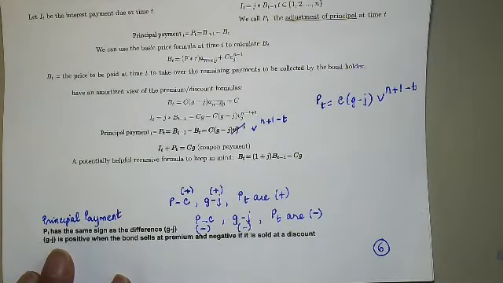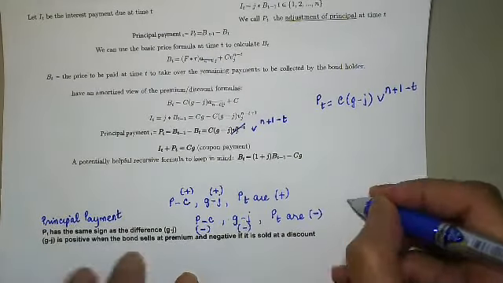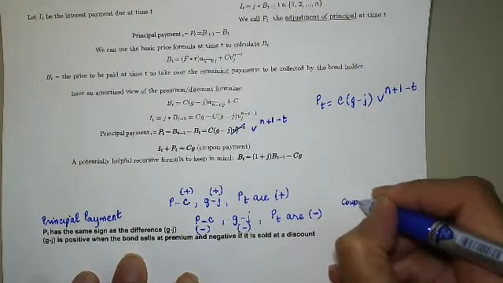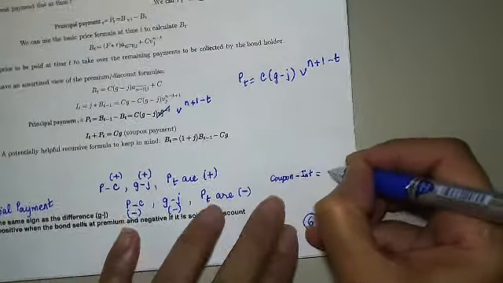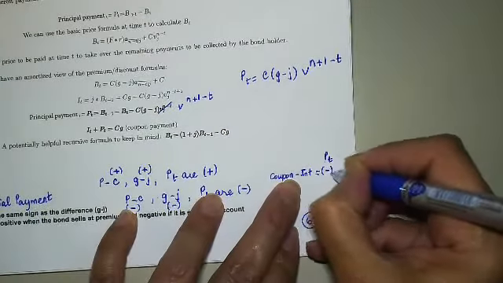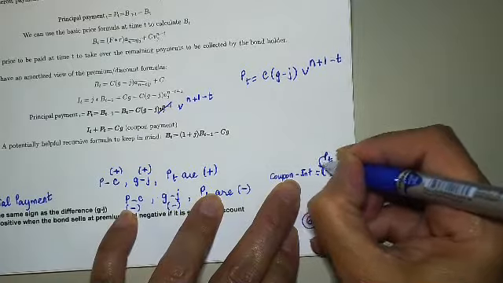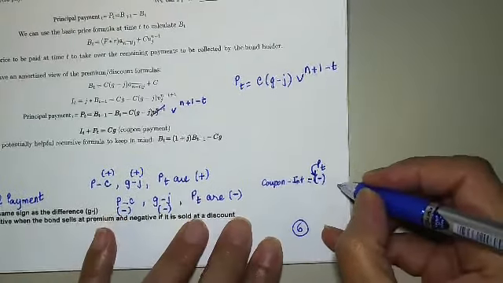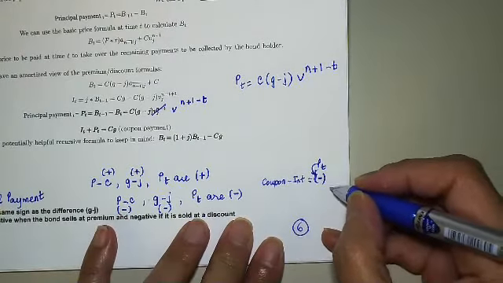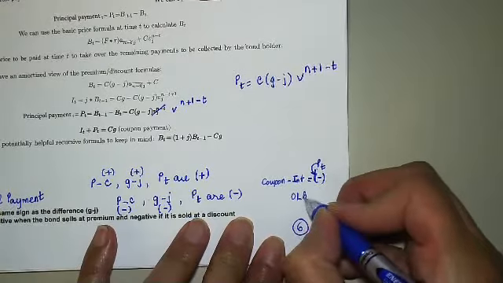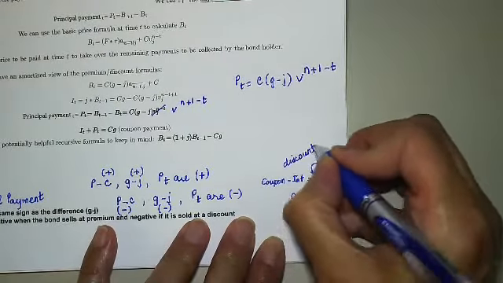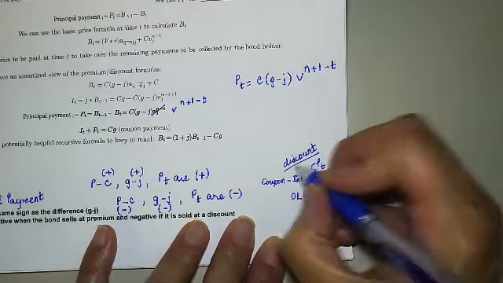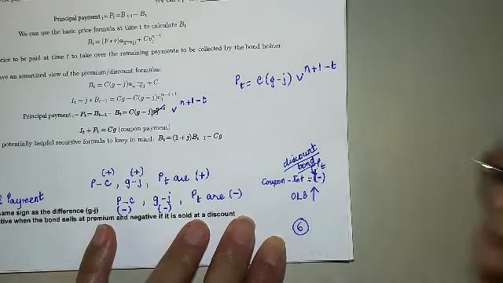Imagine your principal payment is negative. That means that the coupon doesn't even cover the interest in the amortization schedule. Because the coupon doesn't even cover the interest, when you get to P of t, it's negative. So the coupon minus the interest is equal to P of t, which is a negative number.